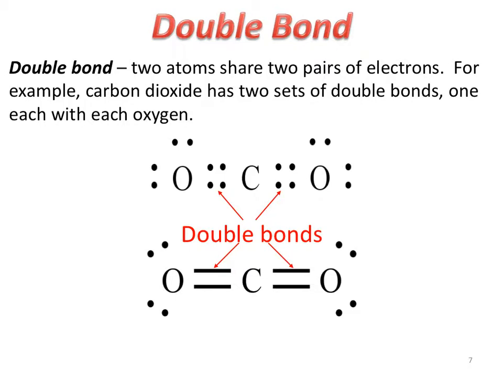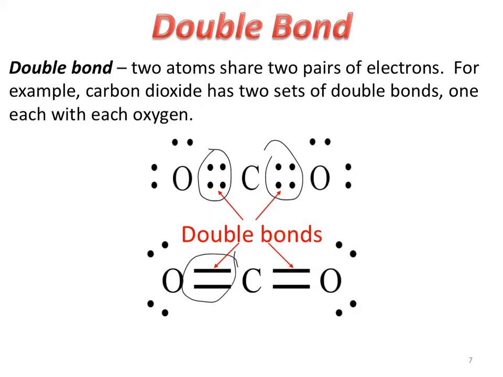Double bonds represent the sharing of 2 pairs of electrons between atoms. Again, generally each atom in the bond will share 2 electrons for a total of 4, that is 2 pairs.